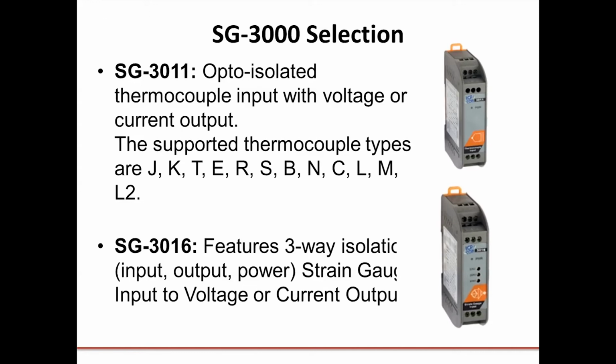The SG3016 has an LED display to show whether it is functioning correctly, and it has 3 VRs, zero, span, and XI, to calibrate the input and output range accuracy. The bandwidth of the SG3016 is typically 600 Hz, and it's easy to mount on a standard DIN rail, and it can operate within a wide temperature range.